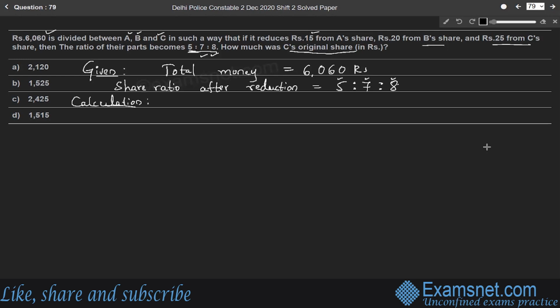So the amounts of money of A, B and C after reduction will be 5x, 7x and 8x respectively, right?